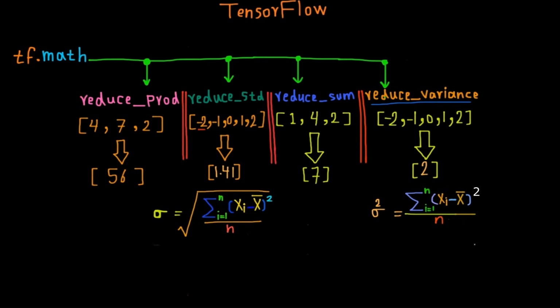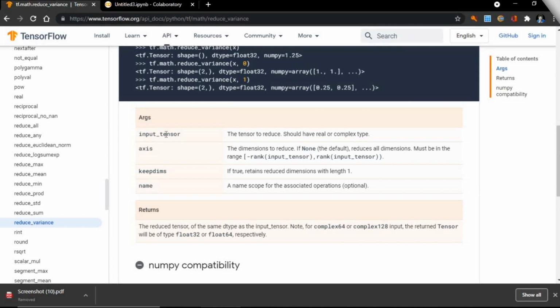If you want to calculate variance manually, you can use this formula, which is the same as standard deviation but without the square root. So if we take the square root of the result, we will obtain the standard deviation, which is equal to 1.4.